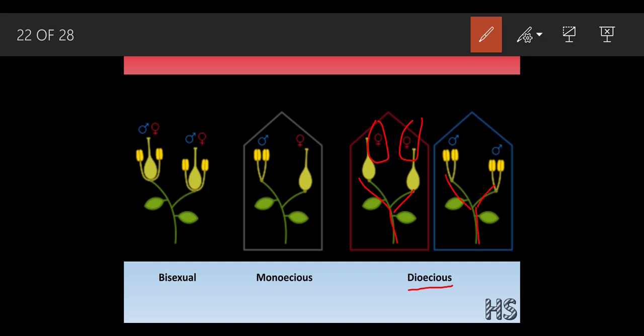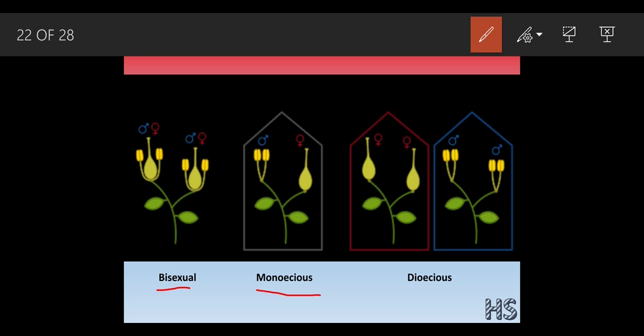See, if you look at this, this is a style and anther, on the top, and both of them are male. If you look at this structure out here, they are the carpels. Okay, both are female.